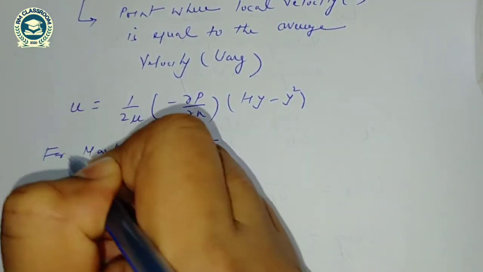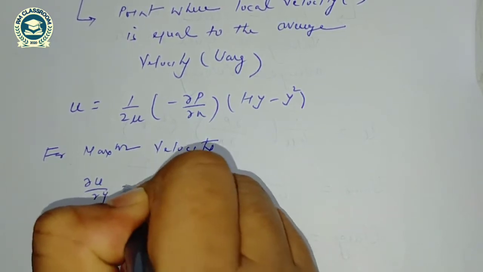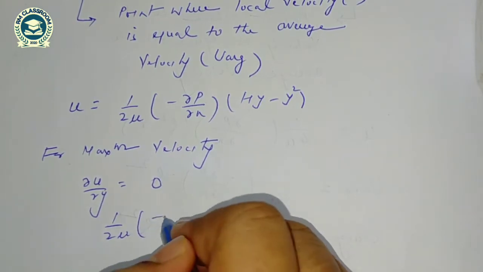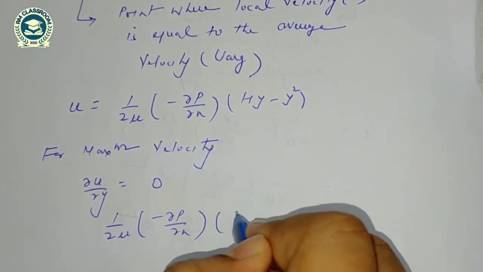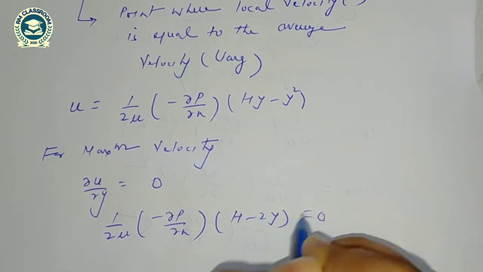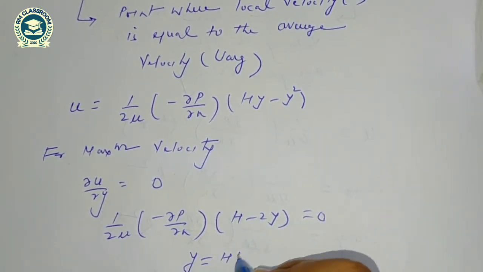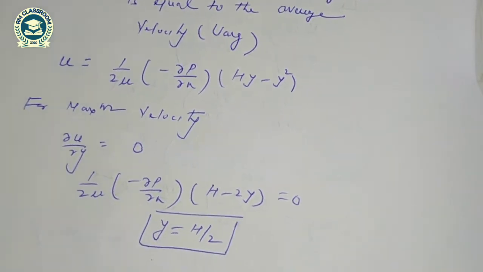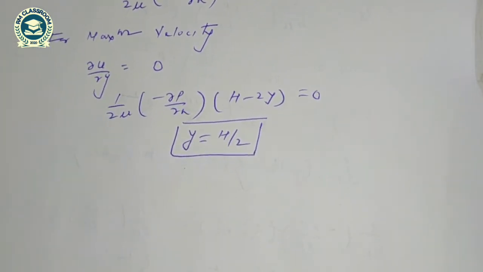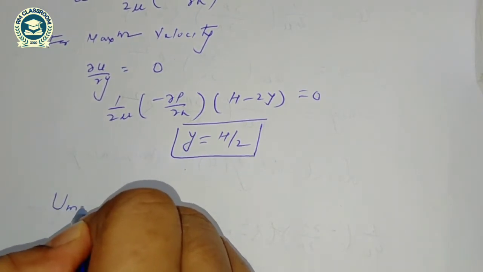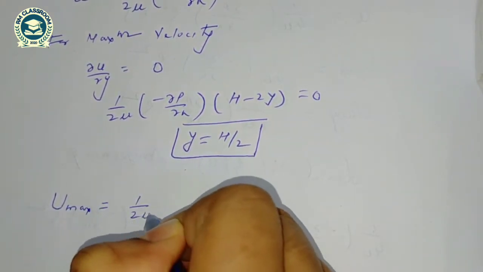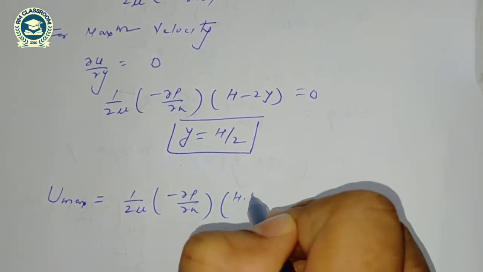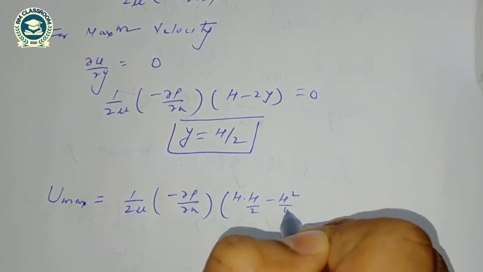and for maximum velocity, del u by del y is equal to 0. So 1 by 2 mu minus del p by del x into h minus 2y is equal to 0. So you will get y is equal to h by 2. So at a distance of h by 2, the velocity will be maximum, and the maximum velocity is equal to 1 by 2 mu minus del p by del x into h square by 2 minus h square by 4.